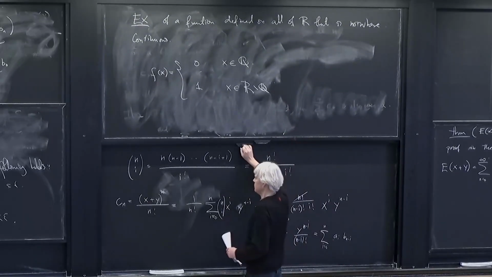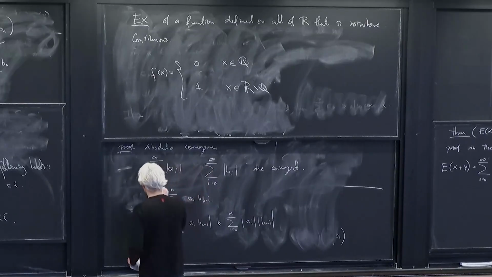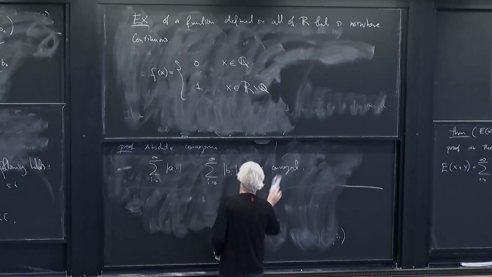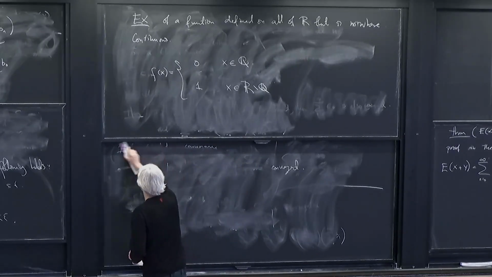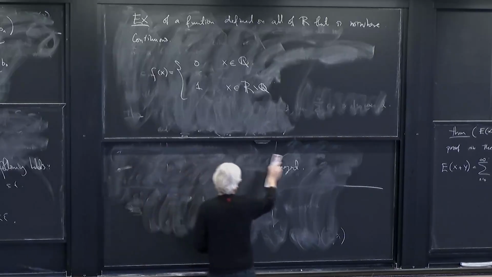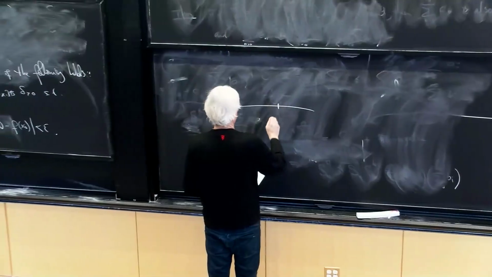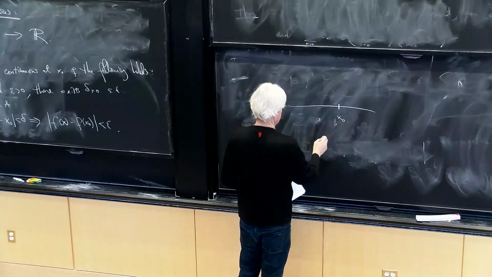And so the thing is that, see, if you take any point, let's take a rational point first. So suppose x0 here is rational.